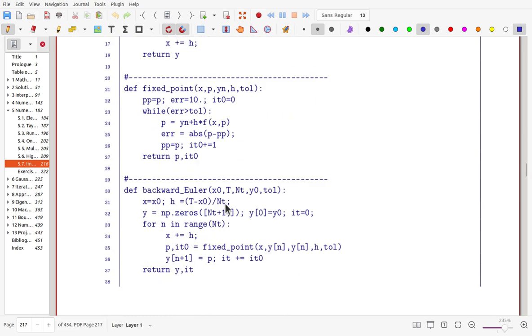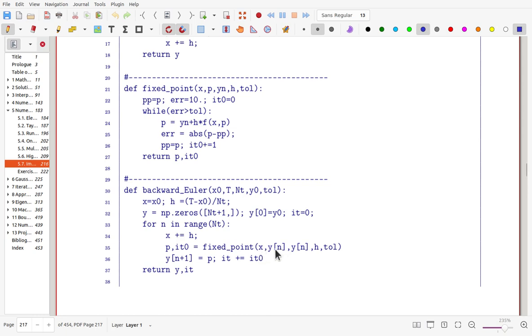Okay. Now for backward Euler, first we add the h so that the base level is n plus 1, so x is now xn plus 1.